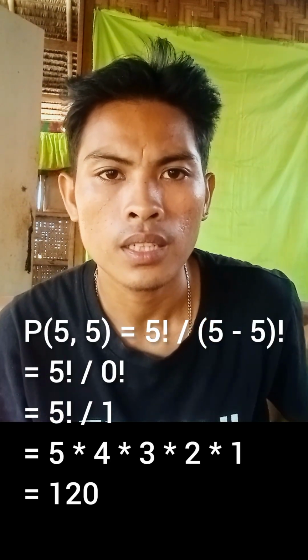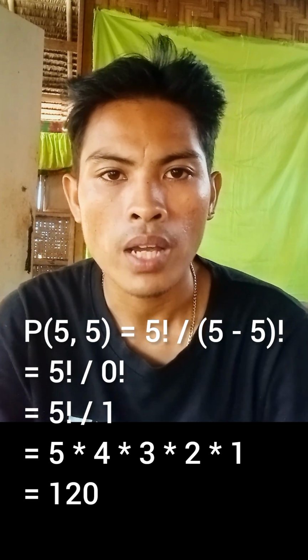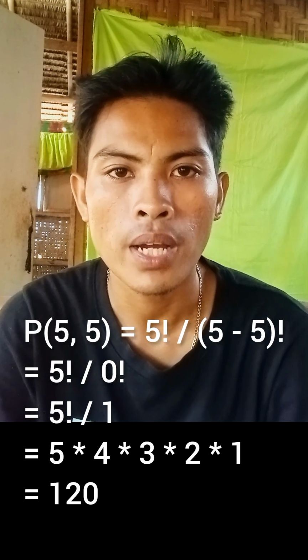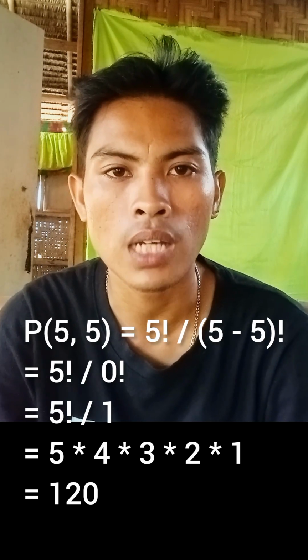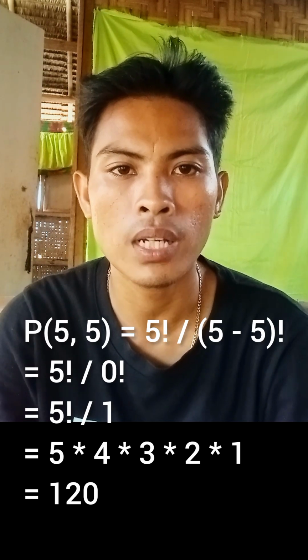P equals 5 factorial divided by 5 minus 5 factorial, equals 5 factorial divided by 0 factorial.